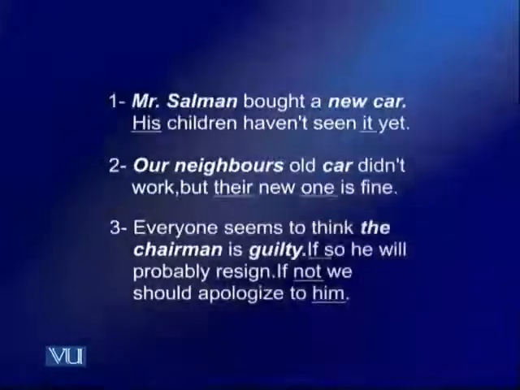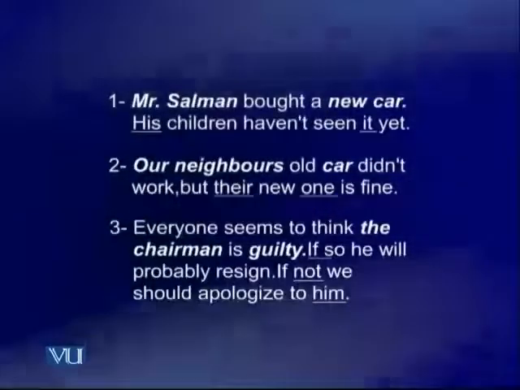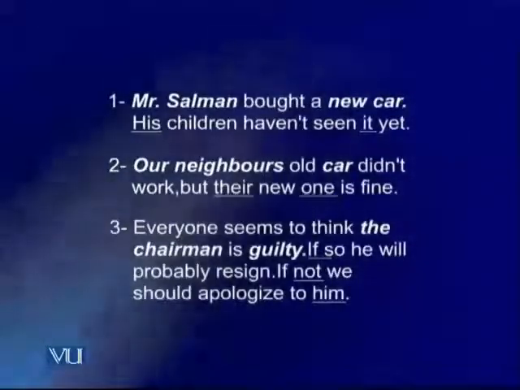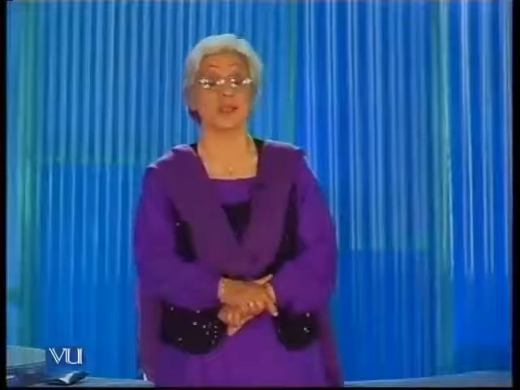Now, our neighbors is referring to the word their. It's in plural, our neighbors, so their is also in the plural form. Car refers to one. Instead of saying their new car, the writer has used the words their new one, and one is referring to car.